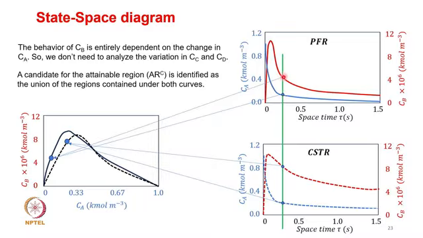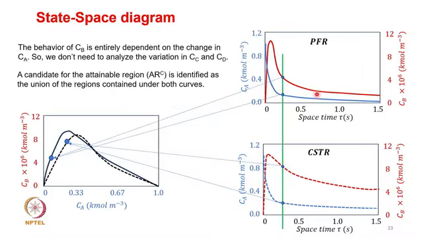For instance, this particular point would map into this point in the PFR. The solid line here represents the PFR curve, and the dashed line here represents the CSTR curve. So these two would now map as a single point over here, and the same for this particular point, which is at the same space time.